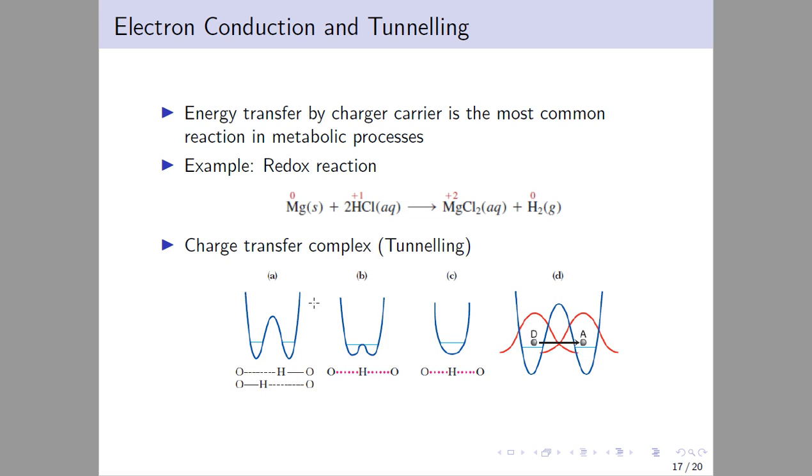Here we can see that if the vibration energy is the same as the energy barrier, so H can be at this oxygen or at this oxygen, if both are at the same energy potential.